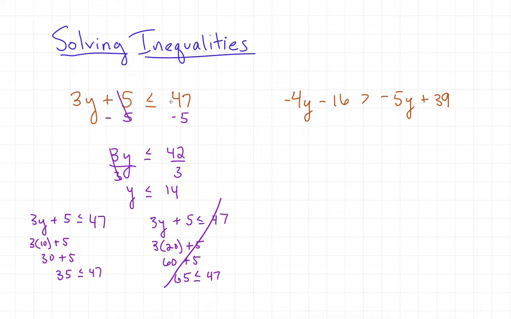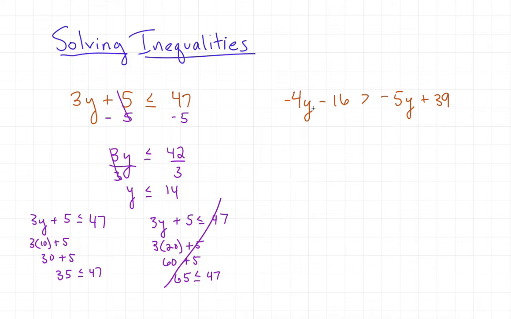So that's just showing you that in this case, unlike an equation, where y or x or n is a certain number, for an inequality, it could be an infinite amount of numbers. So in this case, to make this inequality true, we could choose any number as long as it's less than or equal to 14.